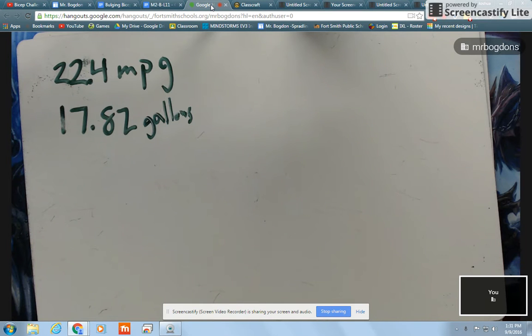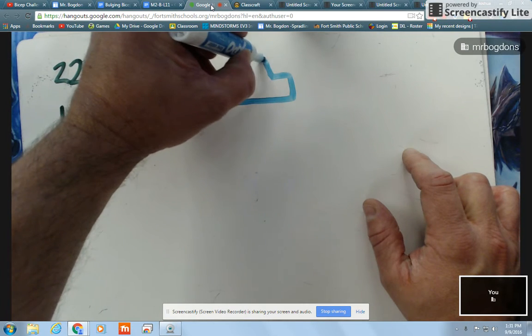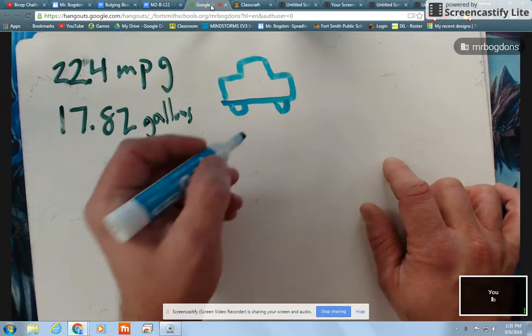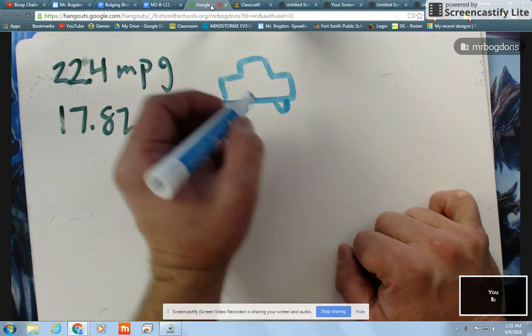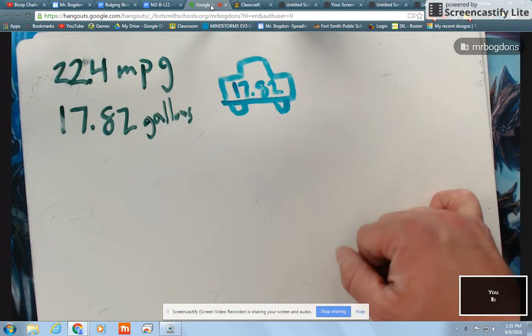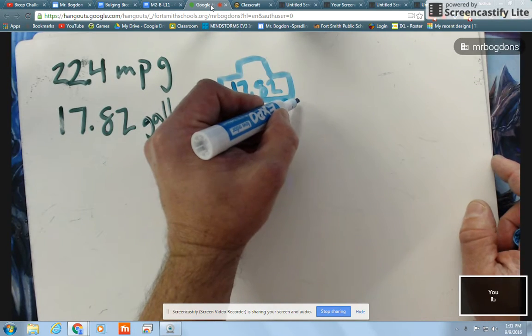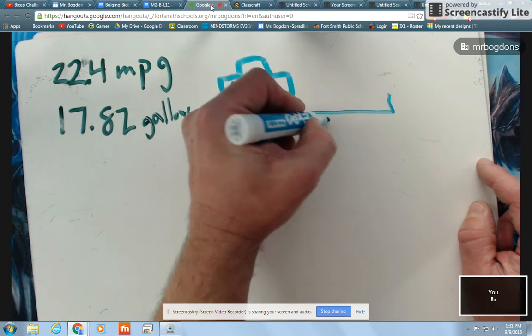Okay, so I know that I've got a car, right? Got some wheels here, and then how many gallons are in the car? 17 and 82 hundredths. Now, after I use 1 gallon, how far have I gone?